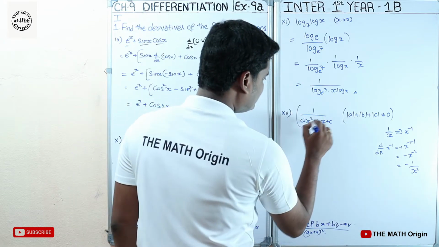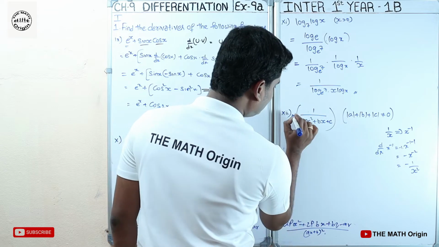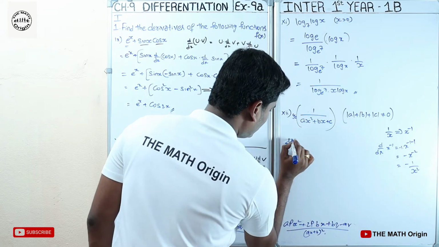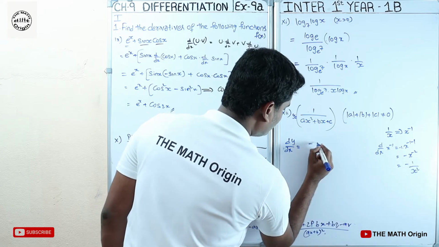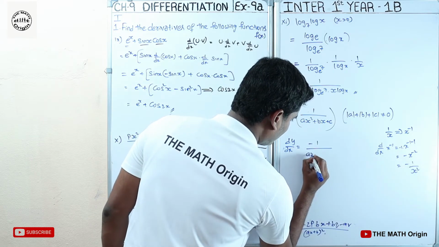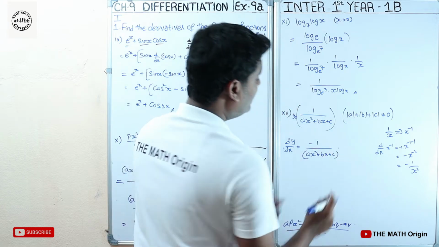So I will take this whole thing as x. Let's take this as y. So dy by dx is equal to minus 1 by x square, that is minus 1 by ax square plus bx plus c into the internal derivative.